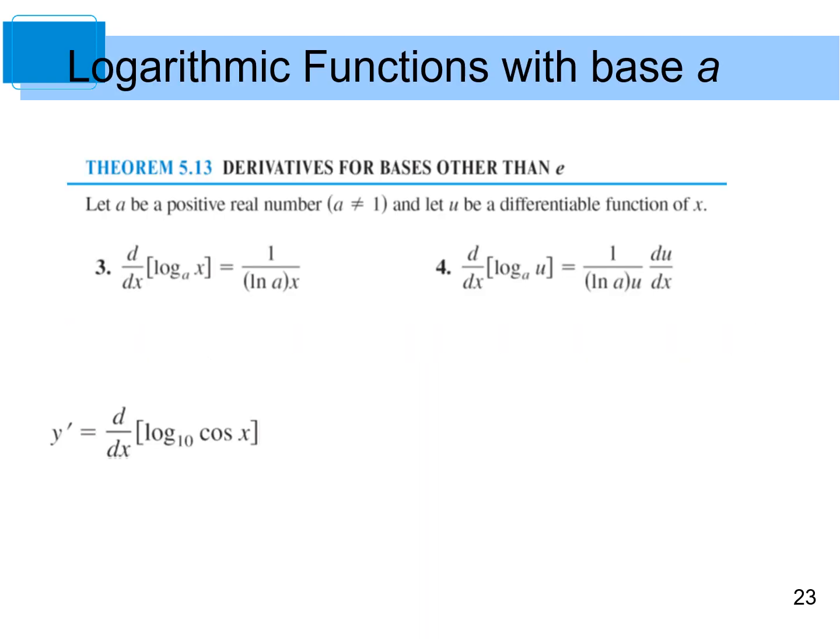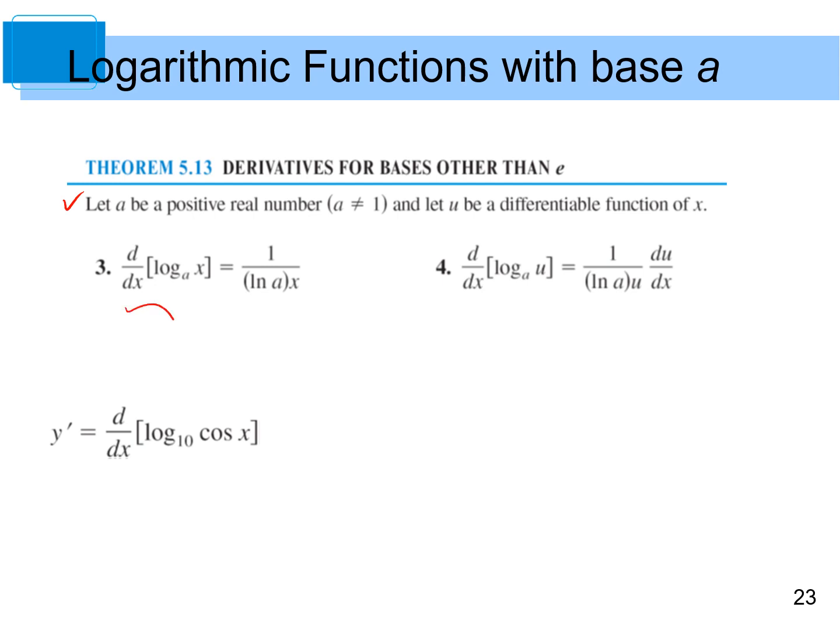Now we consider general logarithmic functions, or those logarithmic functions with bases other than e. Let's say we have logarithmic functions having base a. So for the derivative of this kind of function, first we let a be a positive real number not equal to 1, and u is a differentiable function in terms of x.